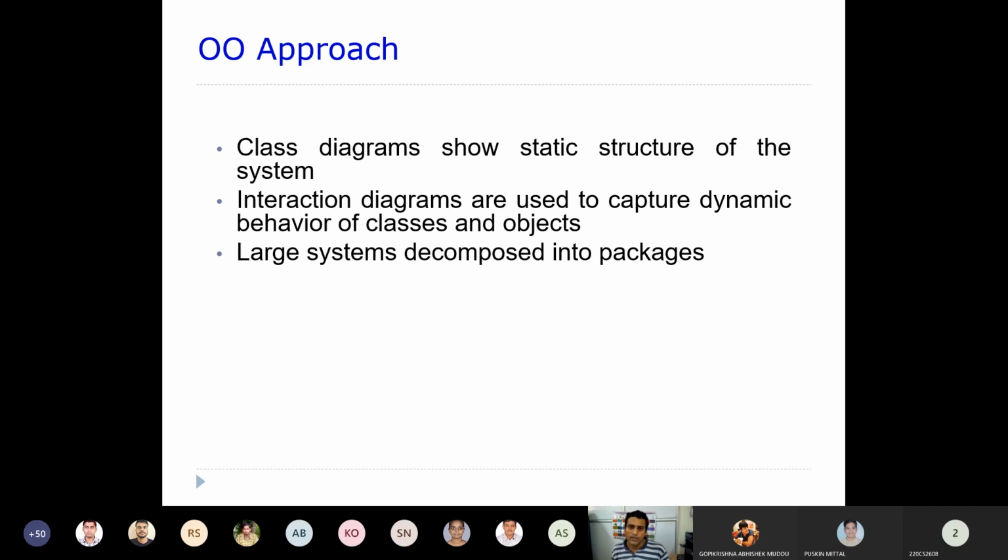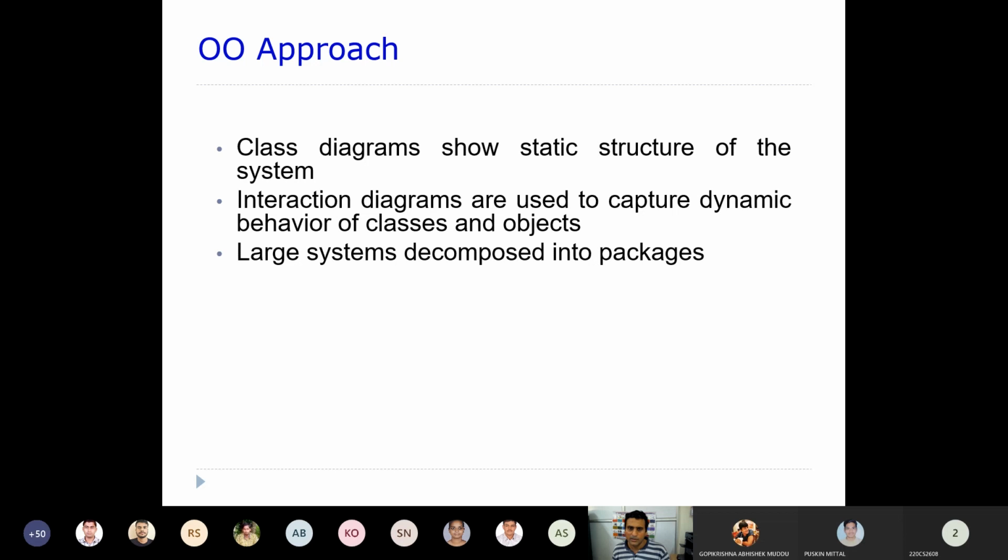Whereas interaction diagrams are the ones through which we see the dynamic behavior of these classes and objects, how at different points of time these objects behave to a particular input. Large systems are decomposed into packages.